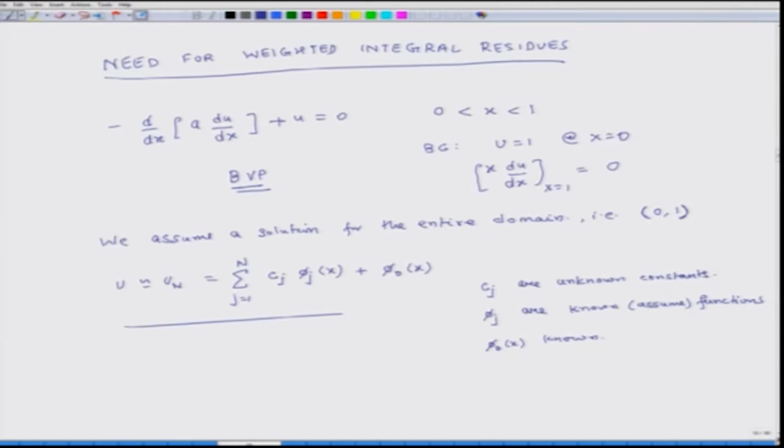And when we choose these functions, we choose them such that the boundary conditions are satisfied. So, we choose the functions such that the boundary conditions are satisfied.